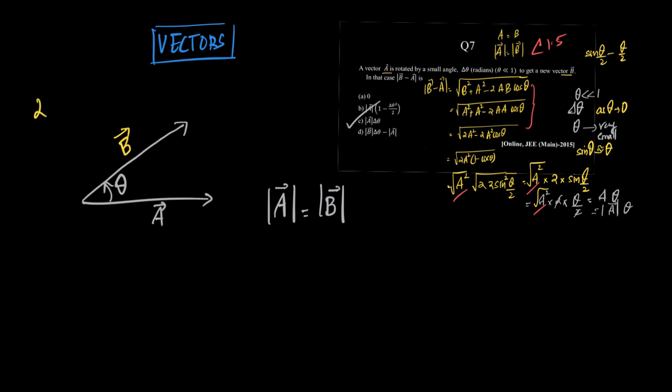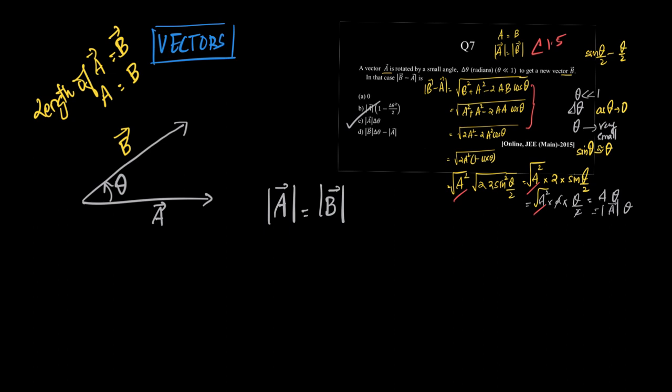Because the length of the segment doesn't vary here. The length of vector A is equal to the length of vector B. What is the length of vector A? It is magnitude of A, which is A. And what is the length of vector B? It is magnitude of B, which is B.